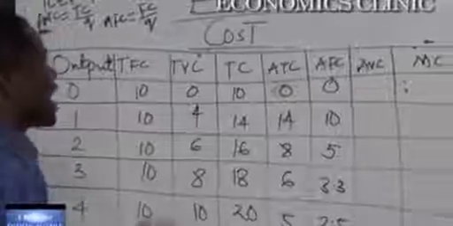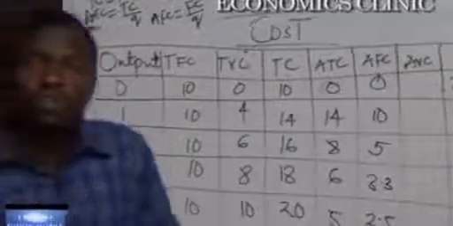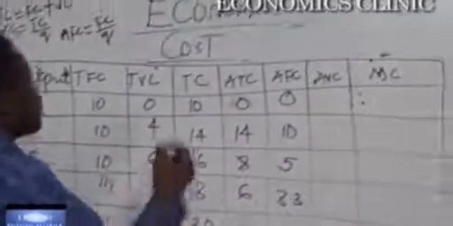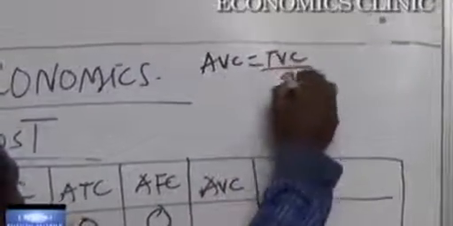Now the next is average variable cost. Average variable cost is the variable cost of producing a unit, and it is calculated as total variable cost divided by quantity.